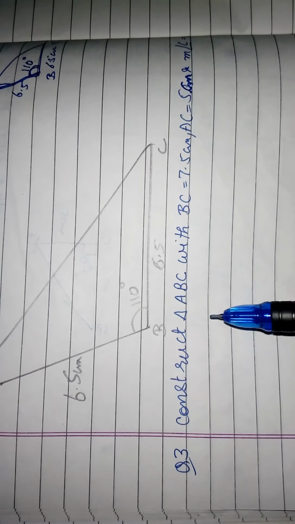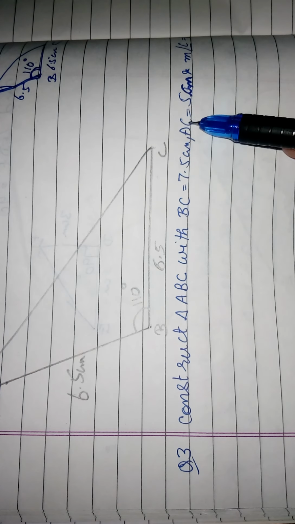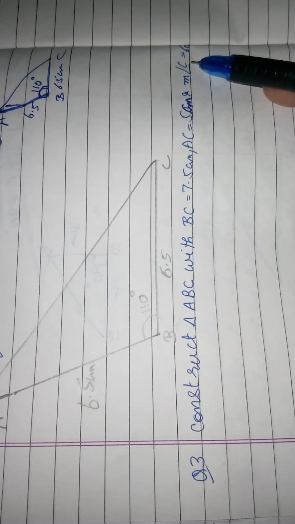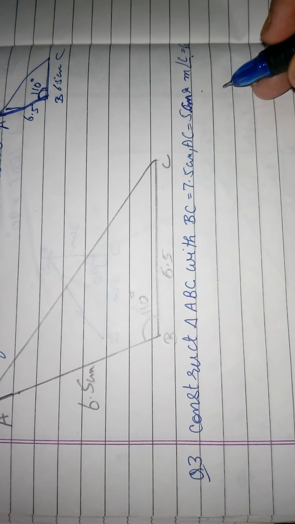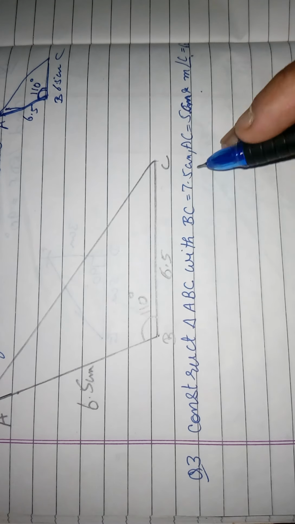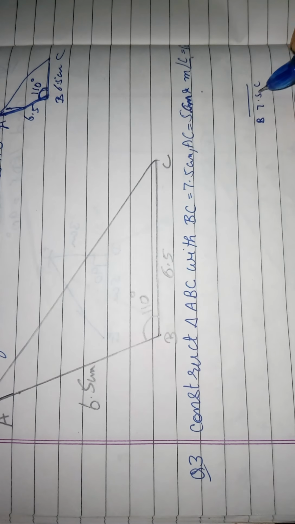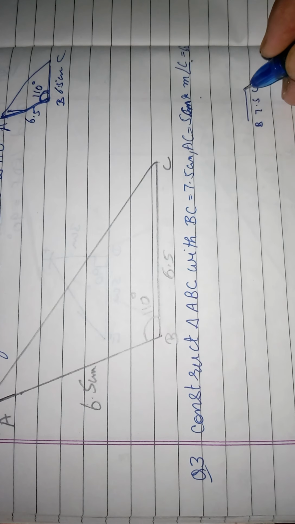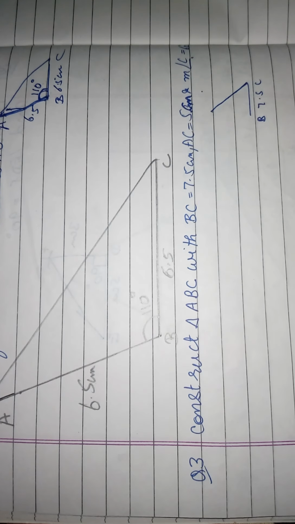Now coming to question number 3, construct triangle ABC. BC and AC are given and the measure of angle C is 60 degrees. So first construct a rough figure. We know ABC, this is BC 7.5. Now angle C, we have 60 degrees. 60 means acute, so less than 90.